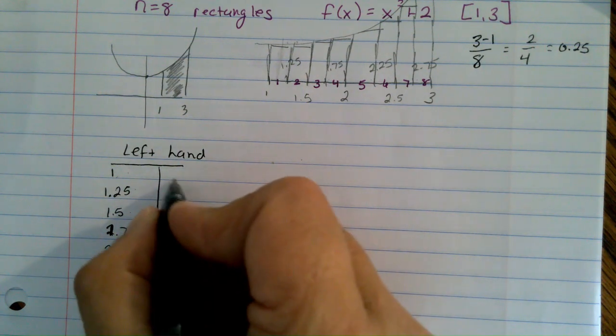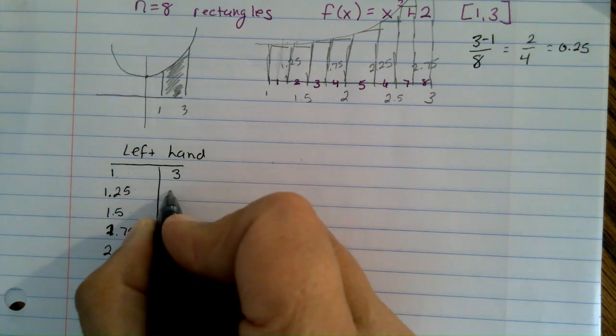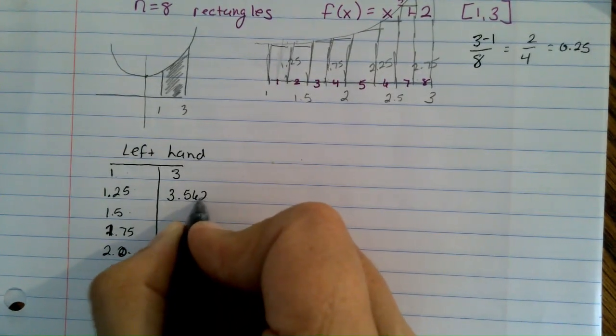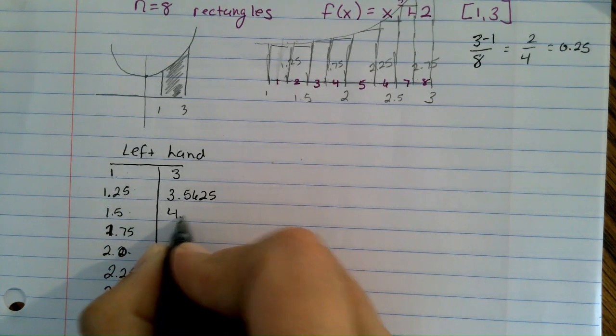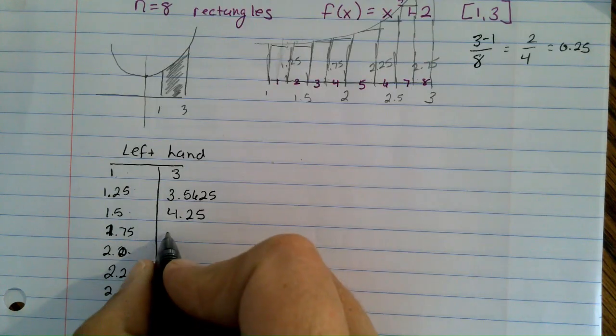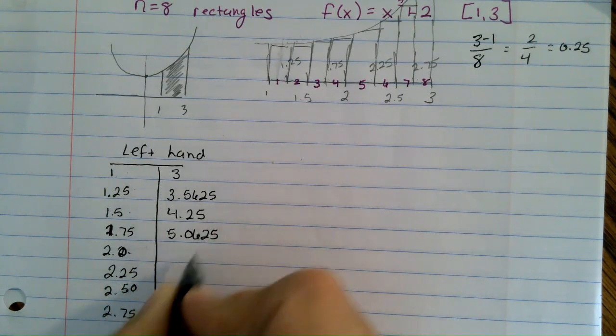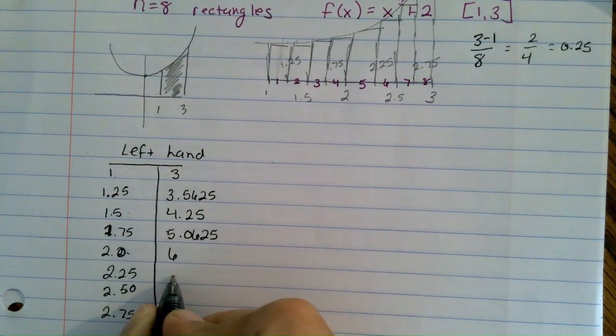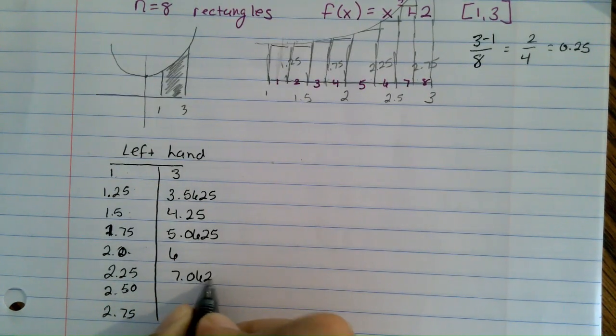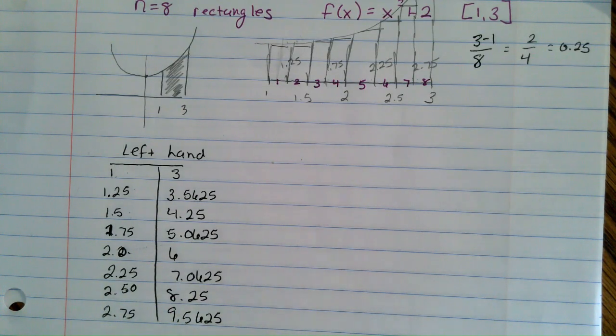Okay. Now, we could do the left-handed limit. Let's see. If you substitute, you'll get 3, 3.5625, 4 1/4. I might have these already written down. 5.0625, 6, 7.0625, 8.25, and 9.5625.